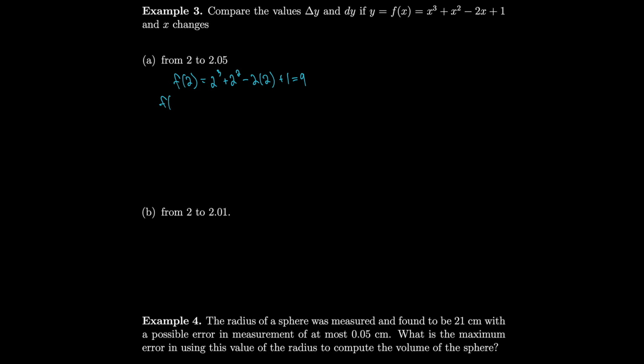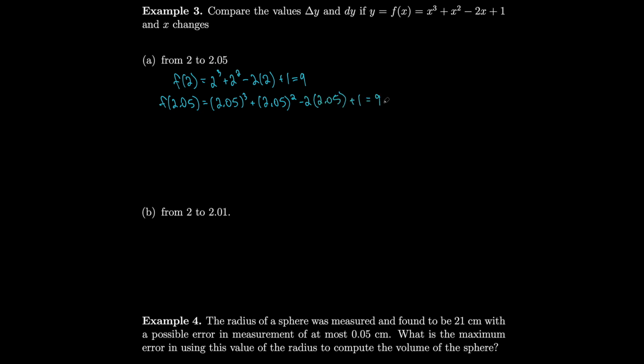Then we need to look at f of 2.05. So that's 2.05 cubed plus 2.05 squared minus 2 times 2.05 plus 1.